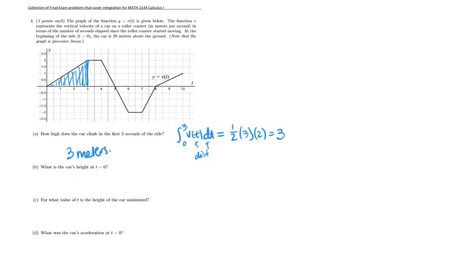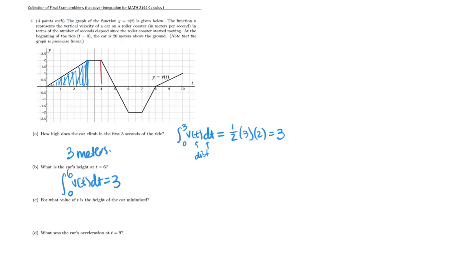Okay, next, what is the car's height at t equals 6? So I need to do the integral from 0 to 6 of v of t dt. So how high does the car climb in the first 6 seconds? And so what I'll notice is that I'll definitely have that 3 that I had before.